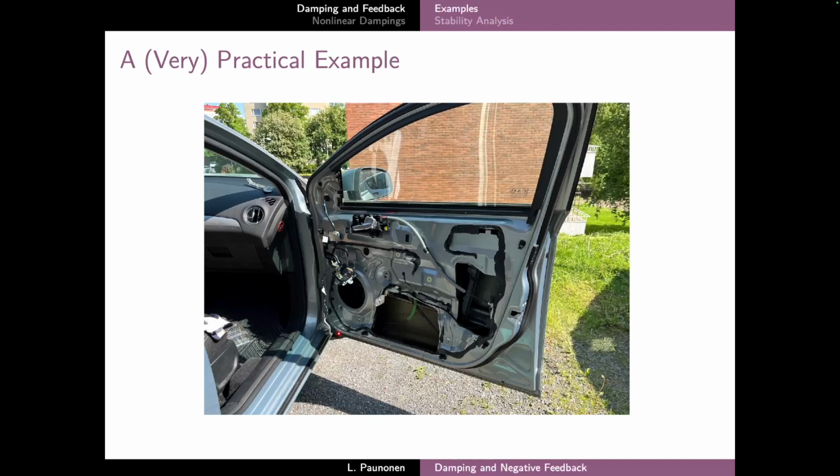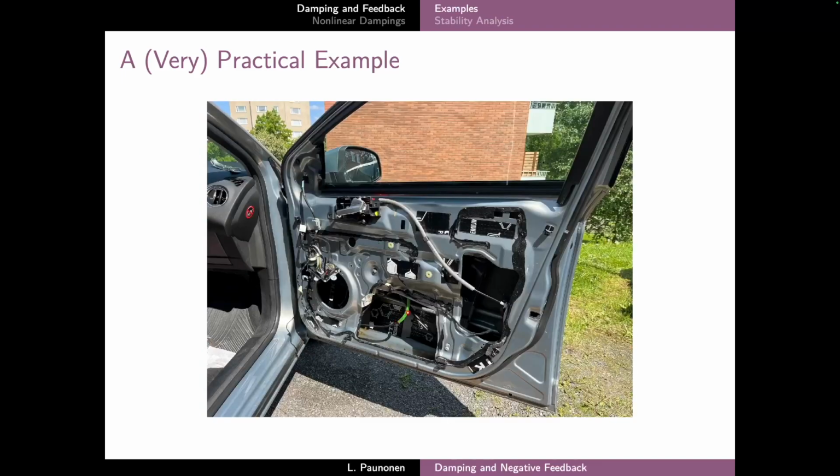And we can actually improve the sound isolation and acoustics of the vehicle by increasing the damping in these parts of the car. We can do this by adding some damping materials, especially on these flat surfaces.